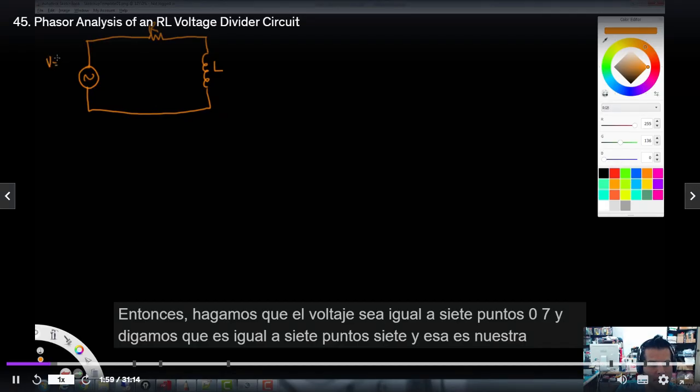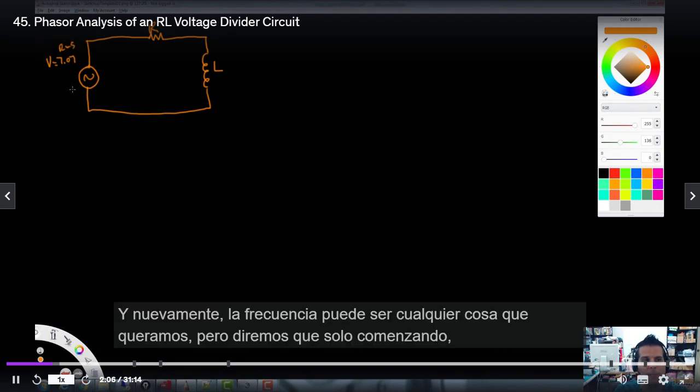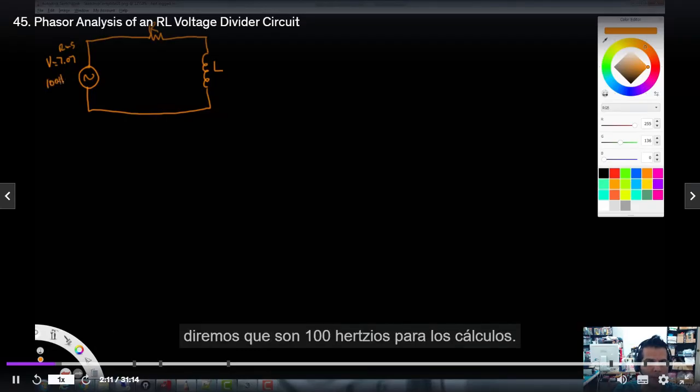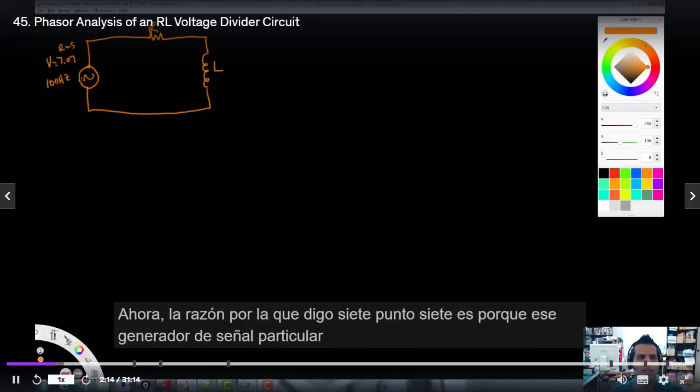V equals 7.07, and that's RMS. Again, the frequency can be anything we want, but just starting off, we'll say it's 100 hertz for calculations.